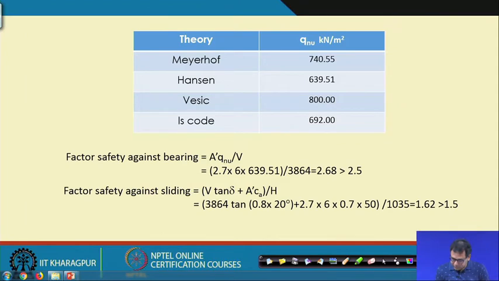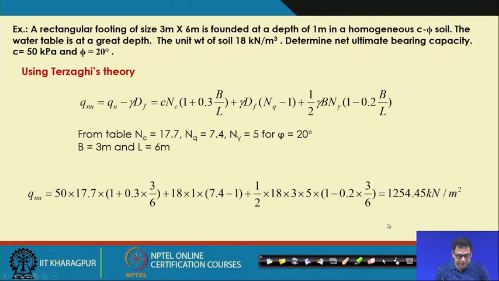Okay. So, now just one thing. In lecture 13 I solved the same problem with a value of phi equal to 40 degrees and C equal to 0. Now I have taken a different set of values of C and phi, and let us see the difference between the different theories.